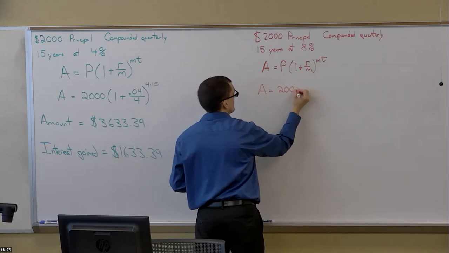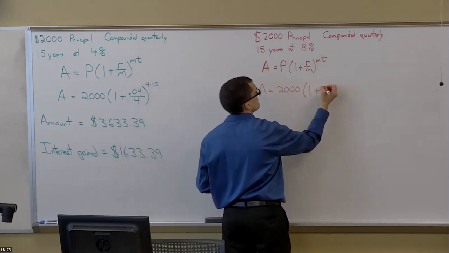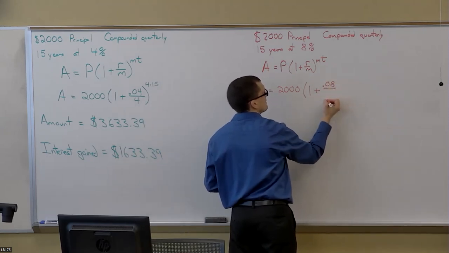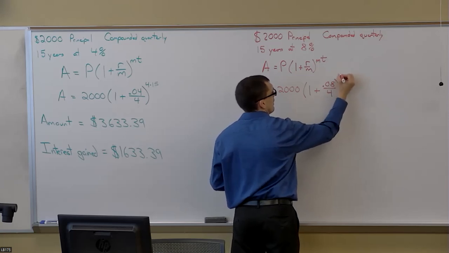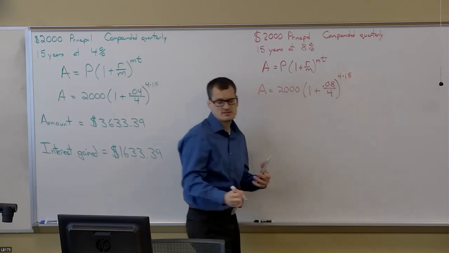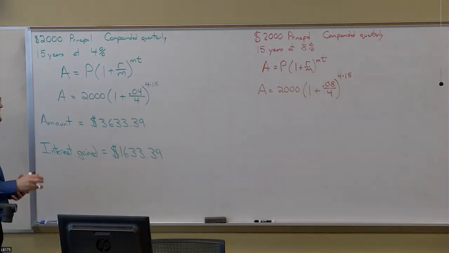So we're going to have a $2,000 principal, 1 plus 0.08. Since we're compounding quarterly, we're dividing by 4. Our M is 4 times 15 years. Again, when I type that into my calculator, I write a 60 as the exponent.